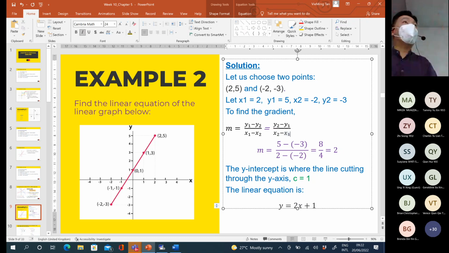Have to follow the sequence. If your numerator starts from y2, that means your denominator also has to start from x2. Be consistent. So both formulas are accepted. You can use either one of the formulas. You'll get the same answer for the m.